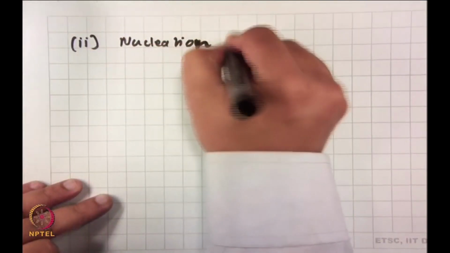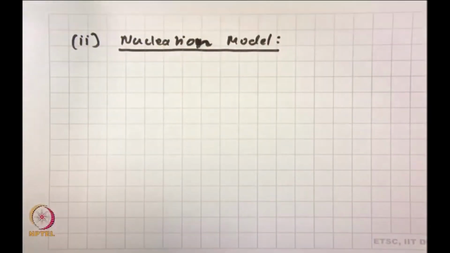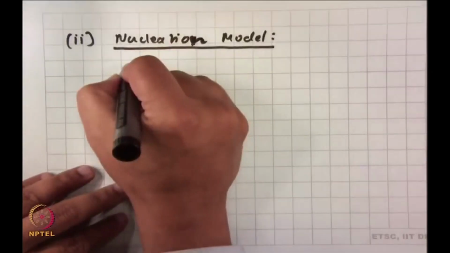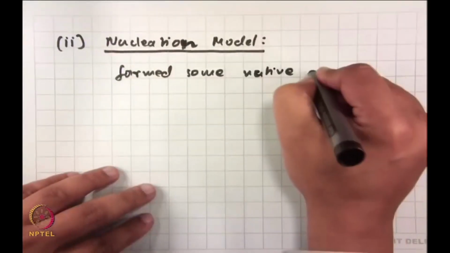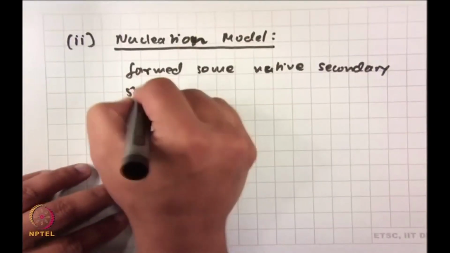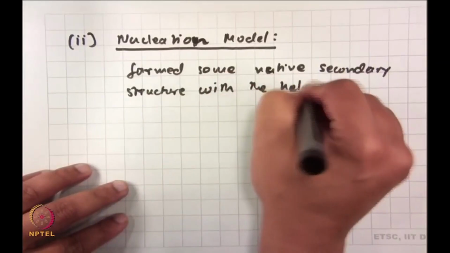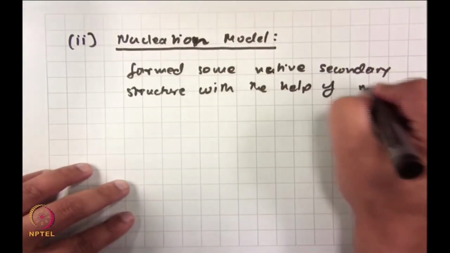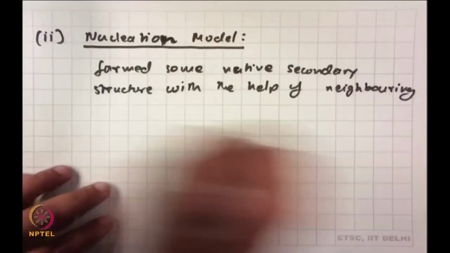Here, the protein formed some native secondary structure with the help of neighboring residues.